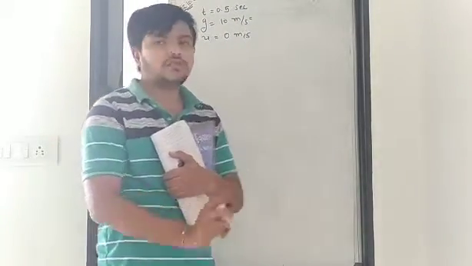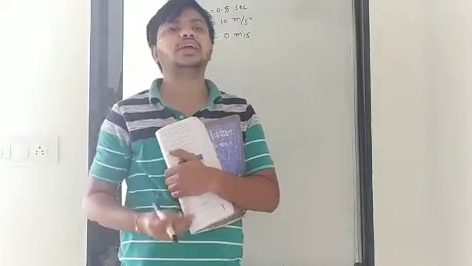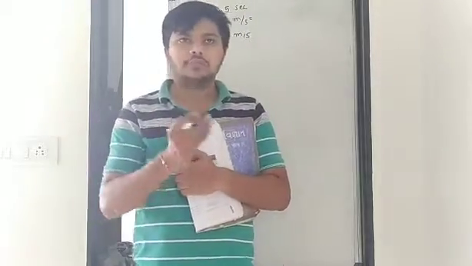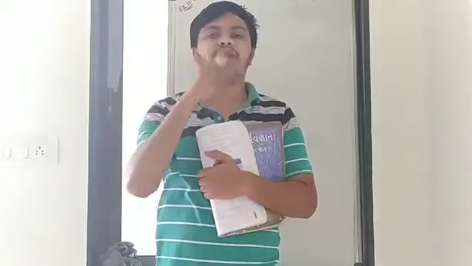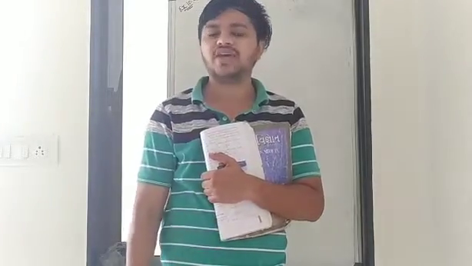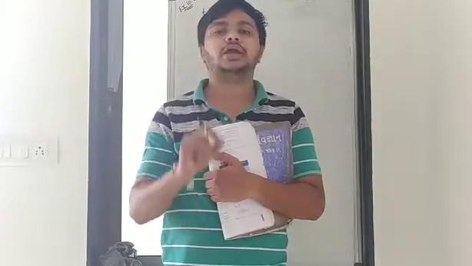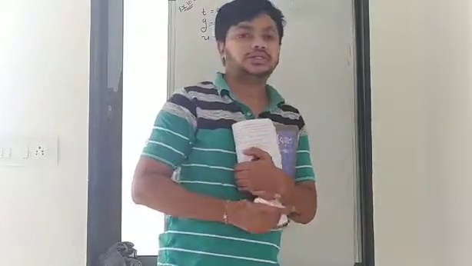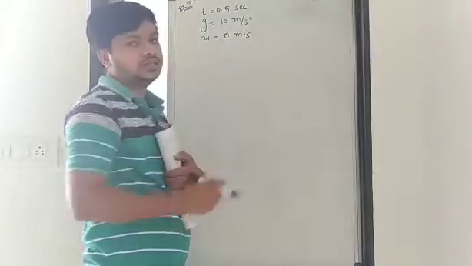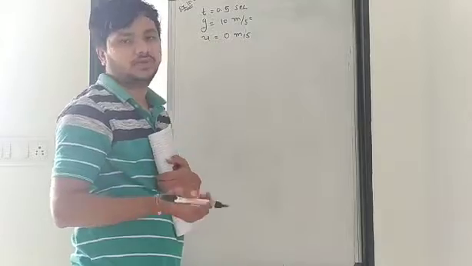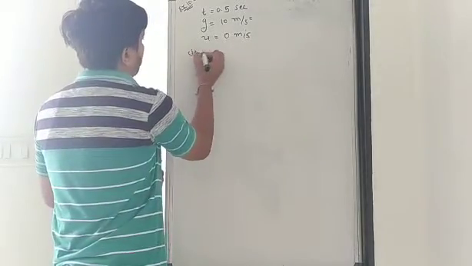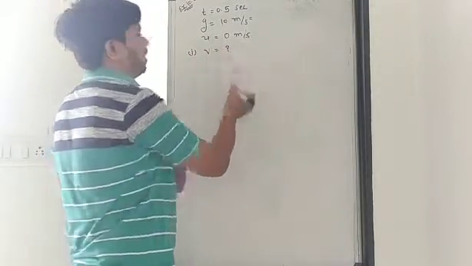Means when it's falling, one thing happens, the falling of the car. Before falling, it has an initial velocity, and after falling, its velocity becomes the final velocity. So when it touches the ground, it gives you the final velocity. And as you have u, you have to find out v.